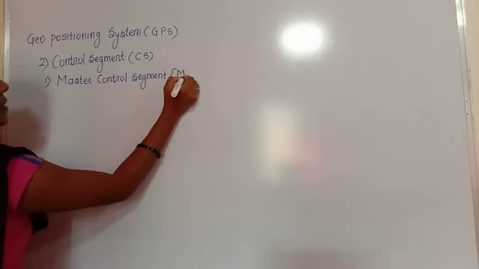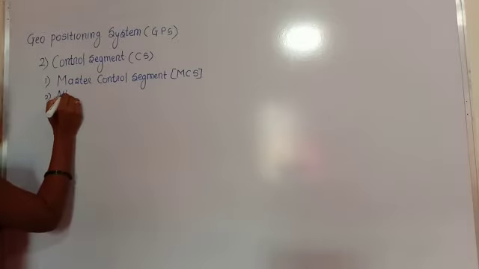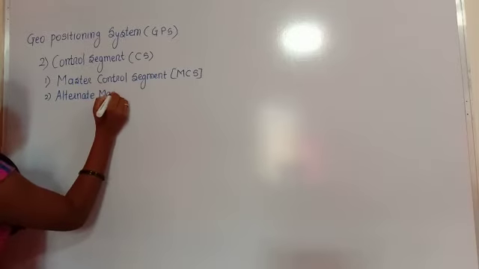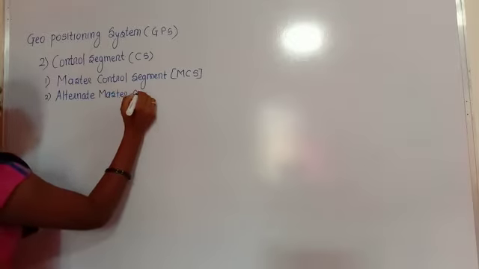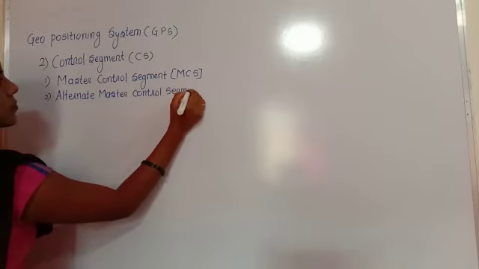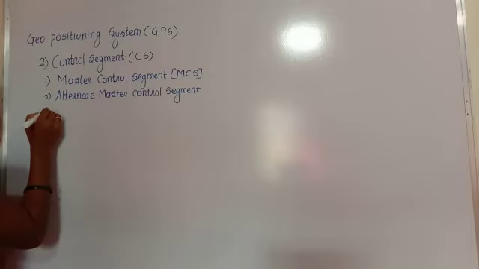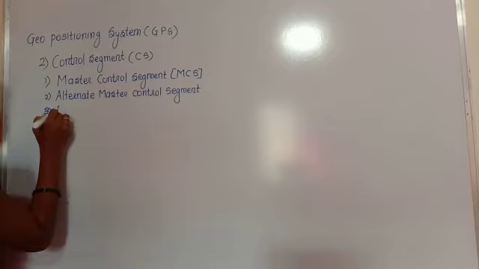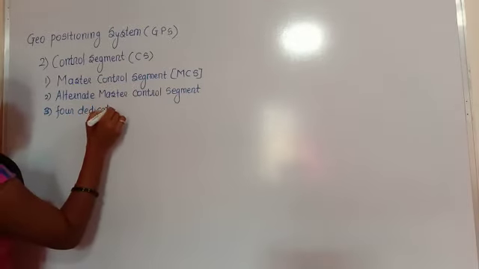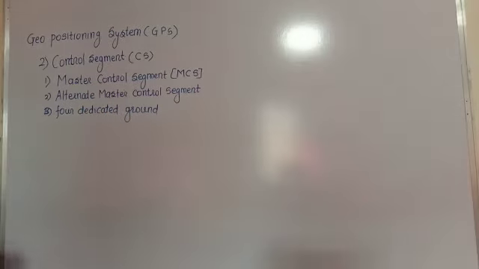That is called MCS. Second is the alternate master control segment. Third is the four dedicated ground antennas.